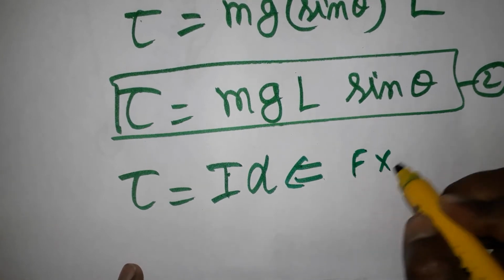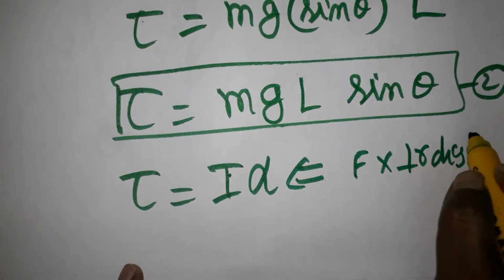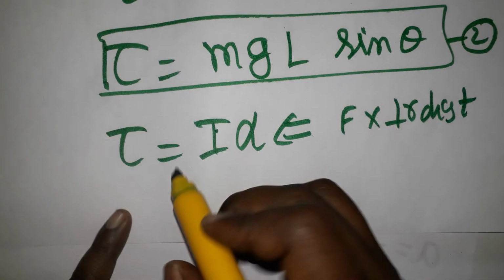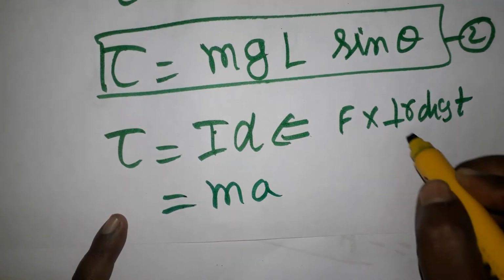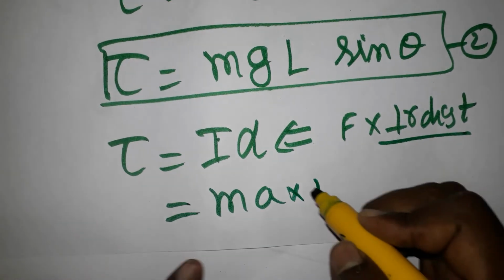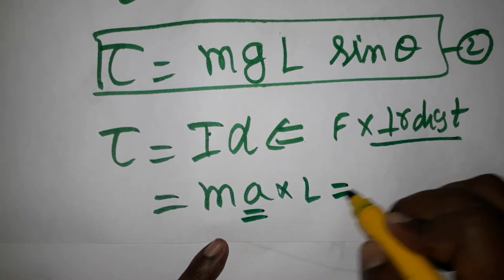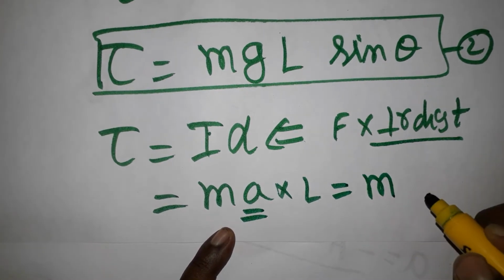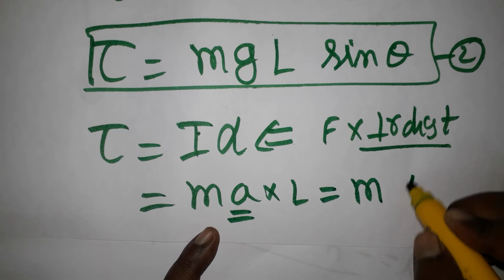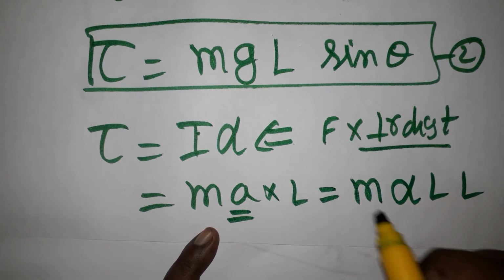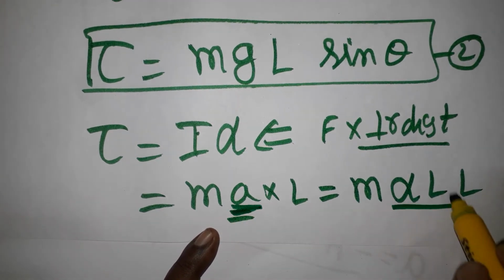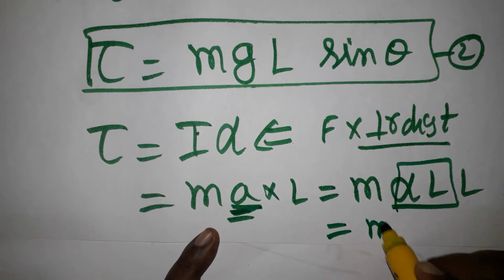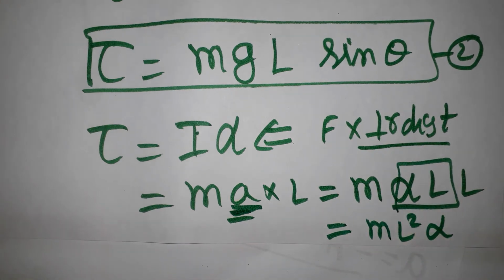See, force into perpendicular distance. Force is ma. Here the perpendicular distance is L. In rotation motion, a is equal to alpha times r, and r is the length of the pendulum. So a is equal to alpha L, giving alpha L into L. So m L square alpha.